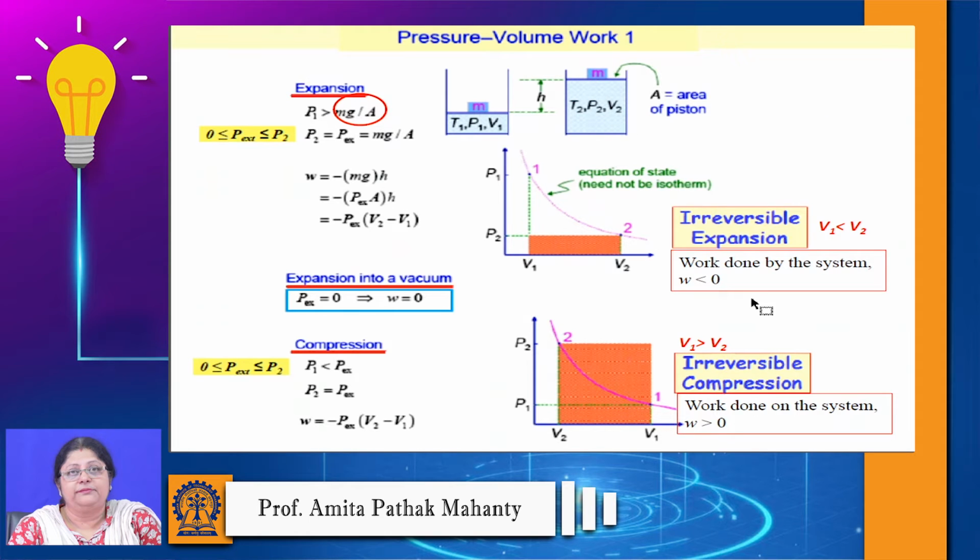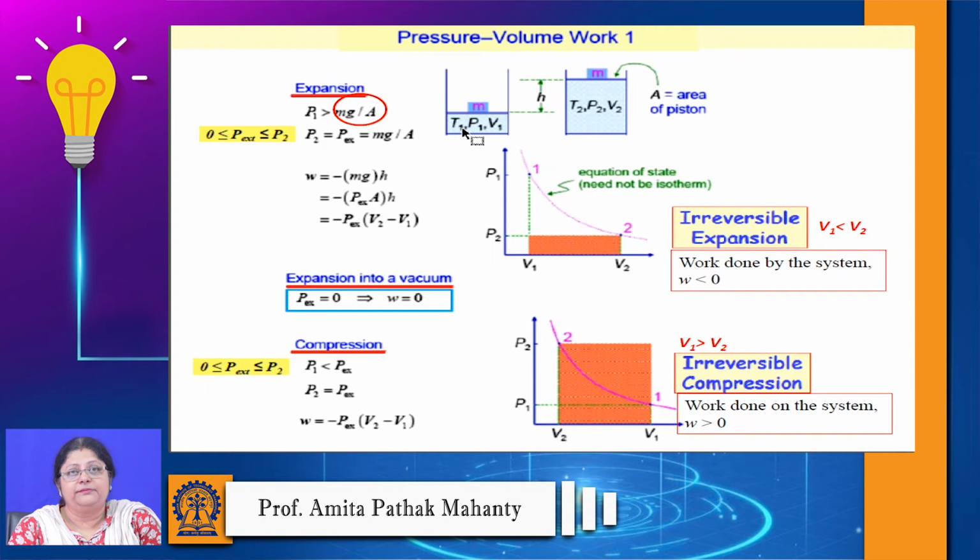Now if I want to carry out compression, what does compression mean? It means that this P external will be more than the gas pressure. Only then can you compress the gas.